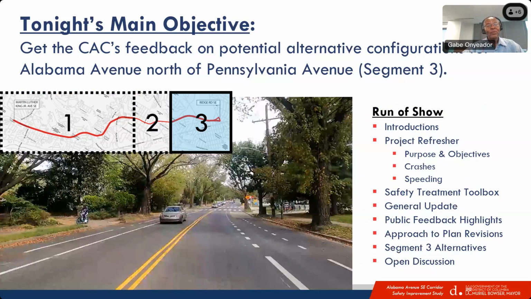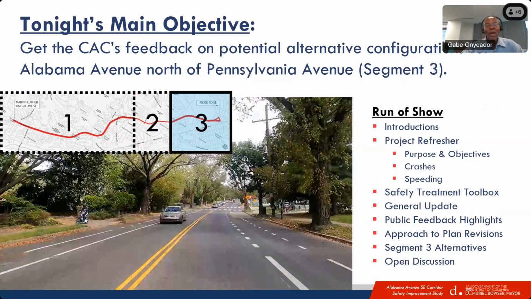Now we are looking at the main objectives of tonight's meeting. If you look at the map, you see segment 1, segment 2, segment 3. The primary objective of tonight's meeting is to get your feedback on segment 3, to see what you would like to see on Pennsylvania Avenue.